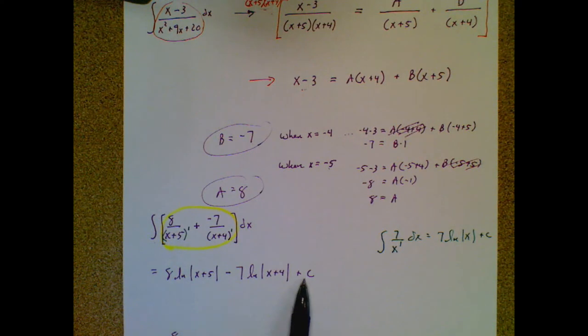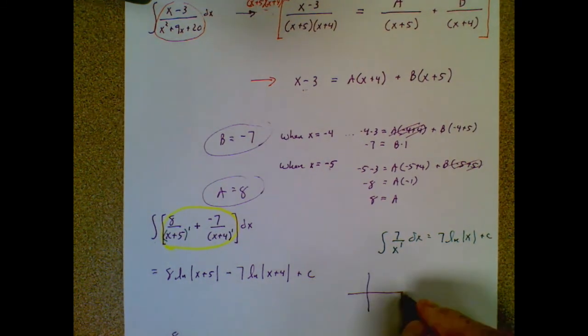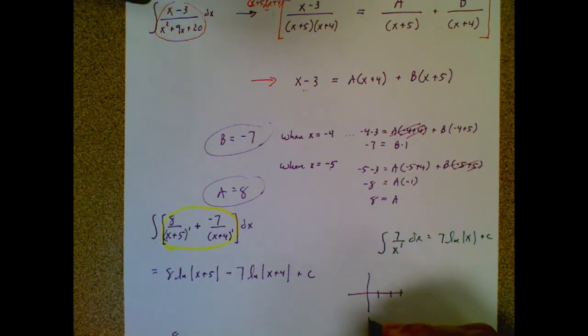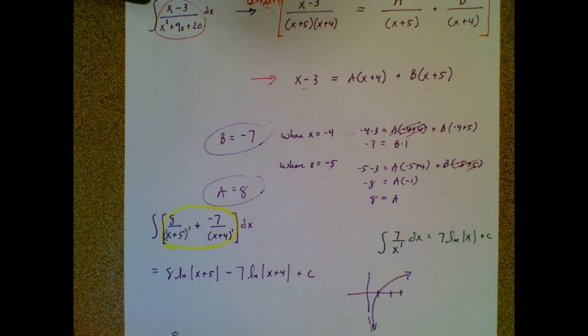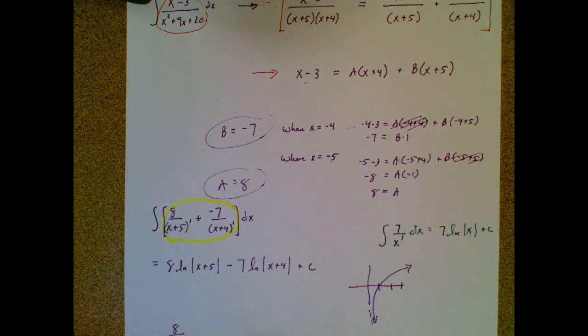Don't forget the plus c. And then the picky thing: the natural log, x plus 5 and x plus 4, those technically need to be in absolute value bars because the natural log function will not accept negative inputs. You, of course, know the natural log function. It looks like that, and it does not live in any negative x domain.